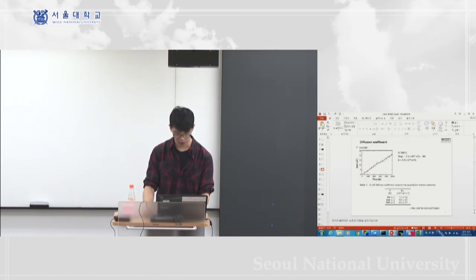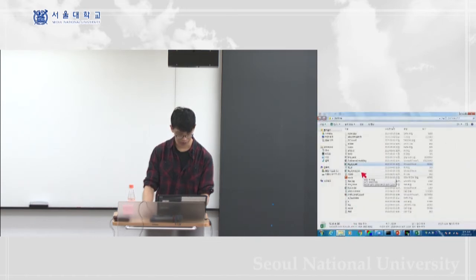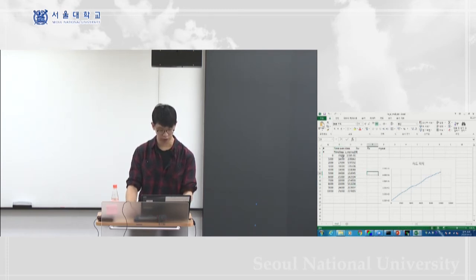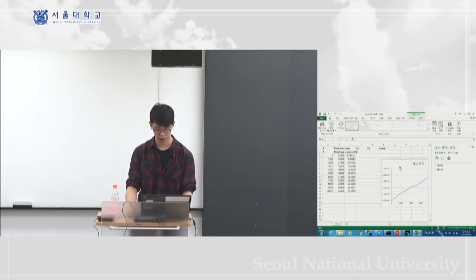And there's going to be an MSD file, which is like this. The file is going to be like this, but if you want to set the 15 picosecond time as the 0 time, then you just have to subtract it to be 0 and then plot it, and then it's gonna be like this.